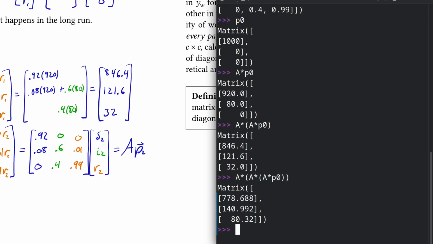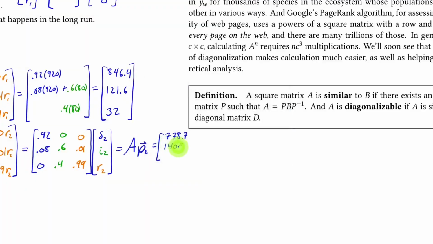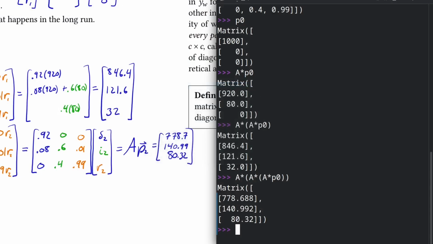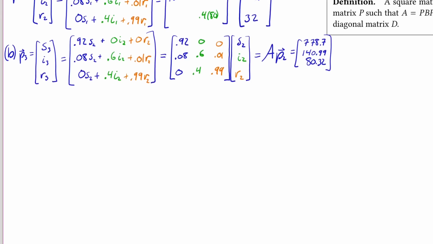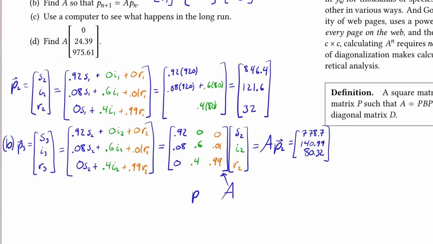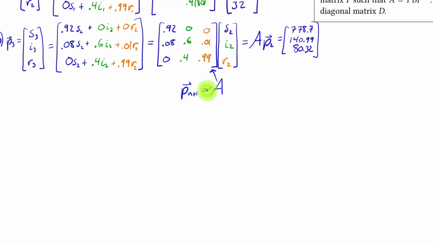So we get that as the P3. Now, of course, we could have also just written that as A to the power 3 and then that times P0. Exactly the same thing. So yeah, we did find the A that makes it so in general P sub n plus 1 is equal to A times P sub n.